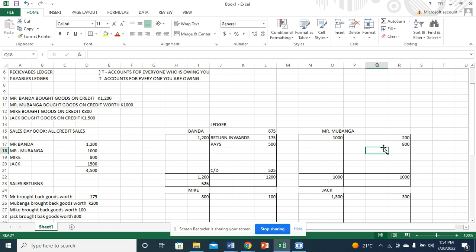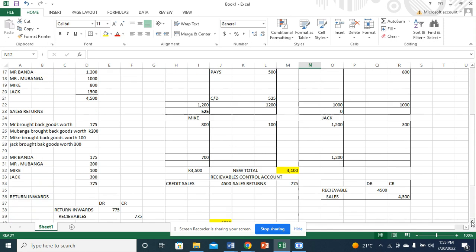He's not owing any amount. Mr. Mubanga is closed, because 800 plus 200 is 1,000, and 1,000 minus 1,000 is 0. So Mr. Mubanga has been cleared. He's owing 0.